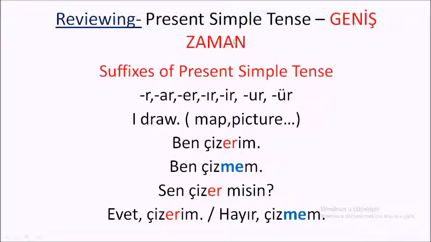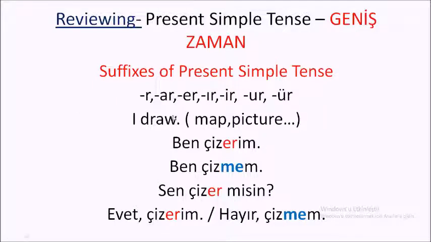As you remember here, there's a present simple tense which is geniş zaman in Turkish, and there are some suffixes that come to the end of verbs actually, like as you see here, er, ar, ir, ur. So here, let's see one example. I draw, which shows the action that happens regularly or routinely.